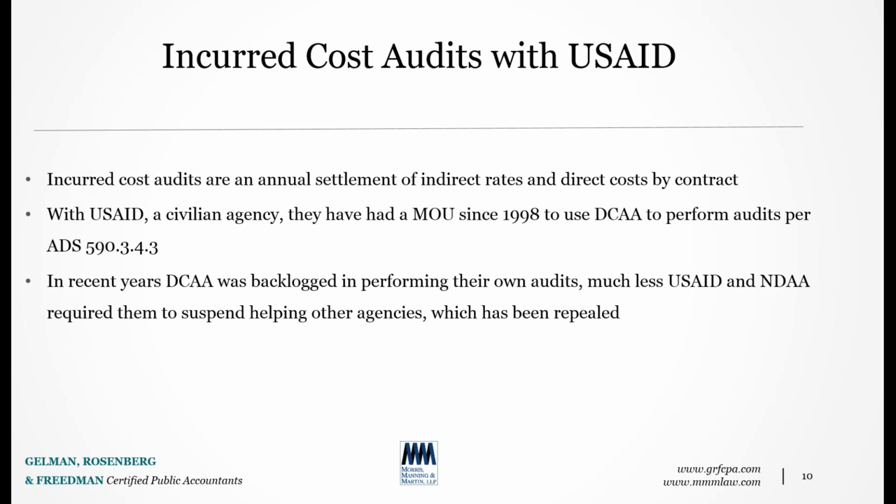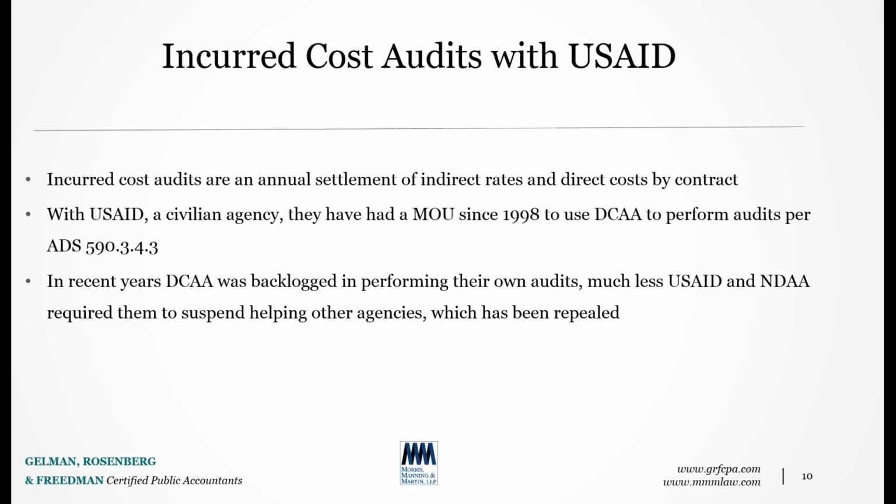Sometimes their staffing goes up and down depending upon each administration and whether they can hire new people and so forth. I think they've gotten as high as 5,000. That was about what it was when I actually worked there many decades ago. But anyway, what happens is USAID now has pretty much opened it up to commercial agencies.